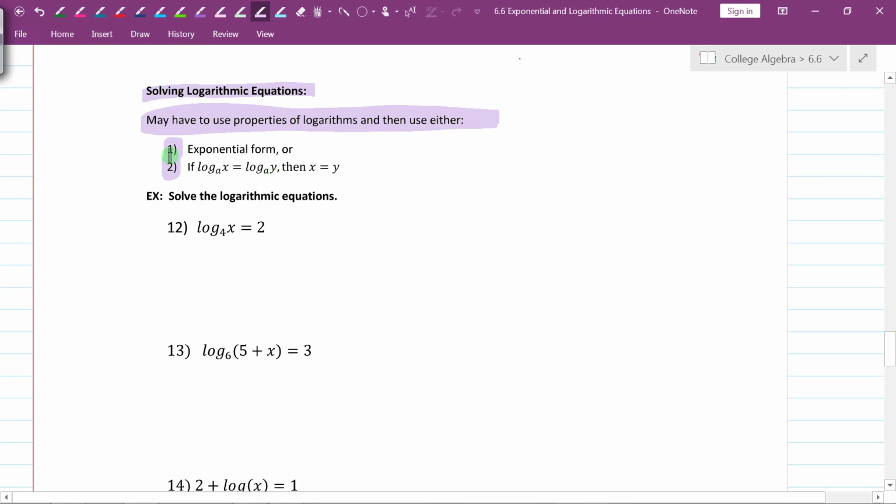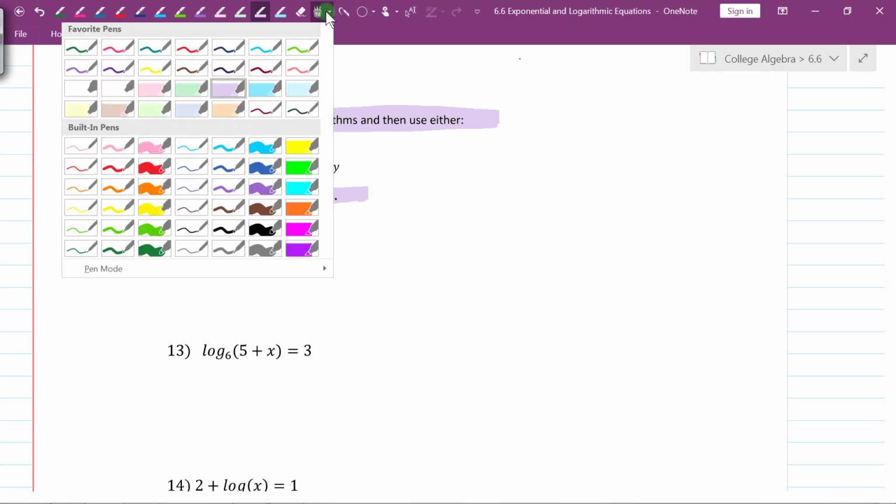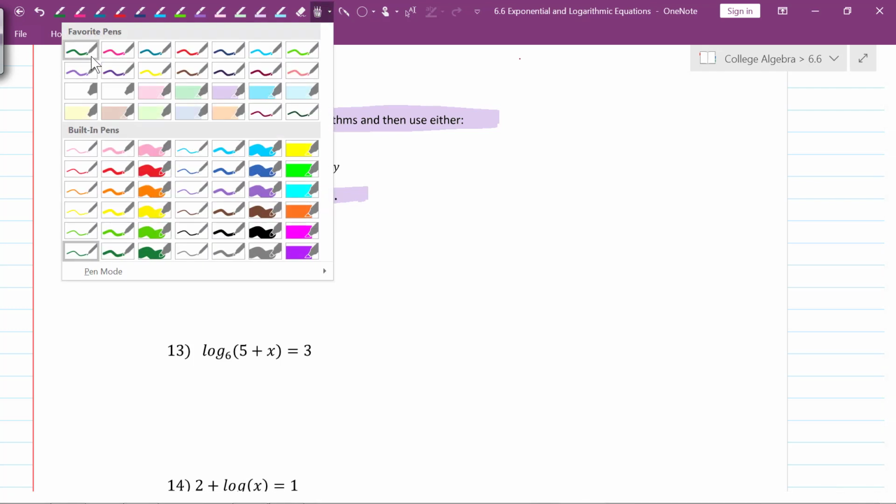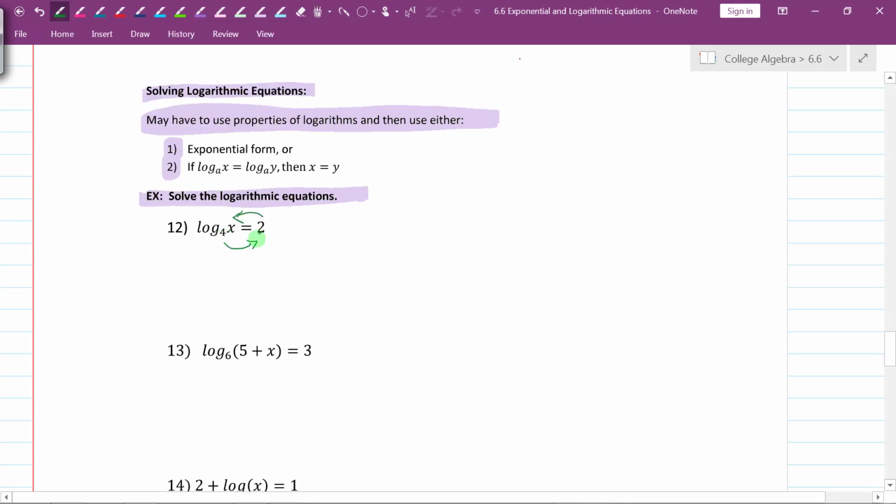Let's look at the very first one, problem 12. So problem 12 says we have log base 4 of x equals 2. Well, let's rewrite this as an exponent. And when we do that, we get 4 squared equals x. Well, what's 4 squared? It's 16.